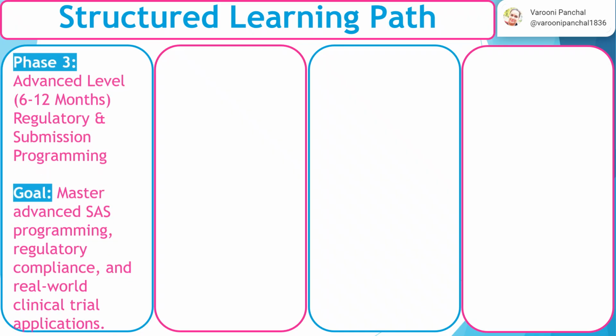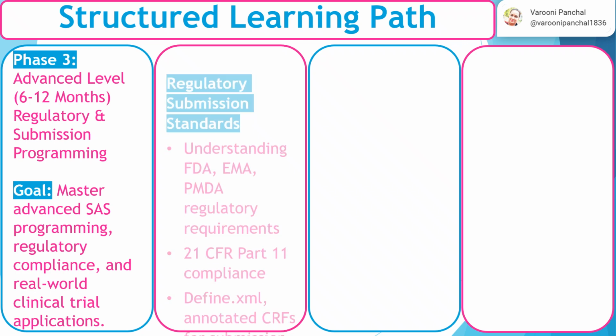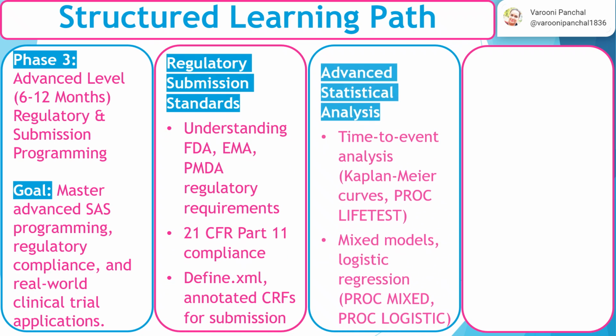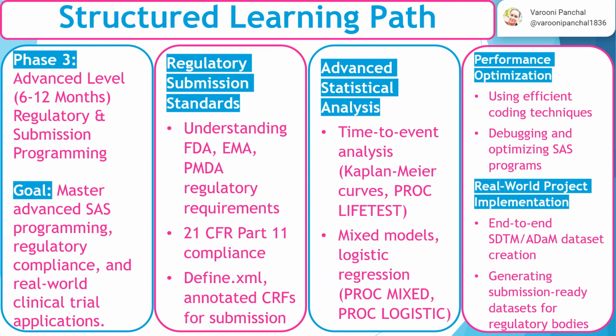So the next is your phase 3, advanced level, 6 to 12 months, regulatory and submission. Here the goal is to master advanced SAS programming, real world clinical trial applications, and regulatory compliance, understanding how the different regulatory requirements work: 21 CFR Part 11, define.xml, annotated CRF.